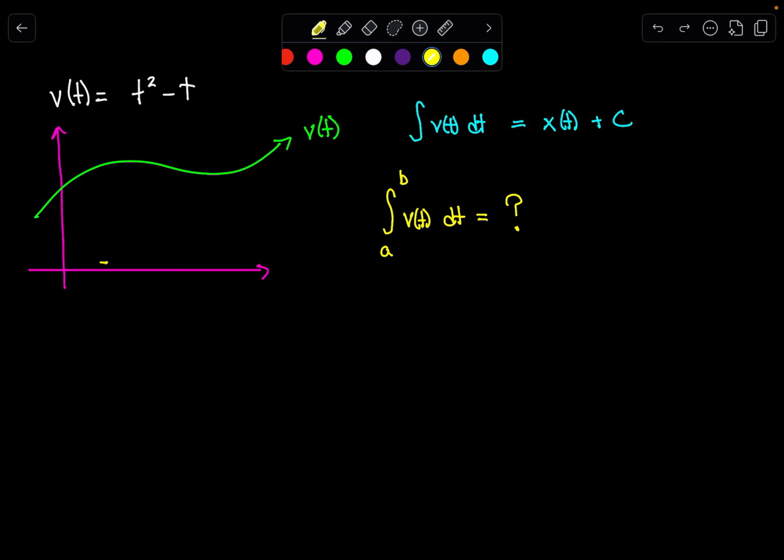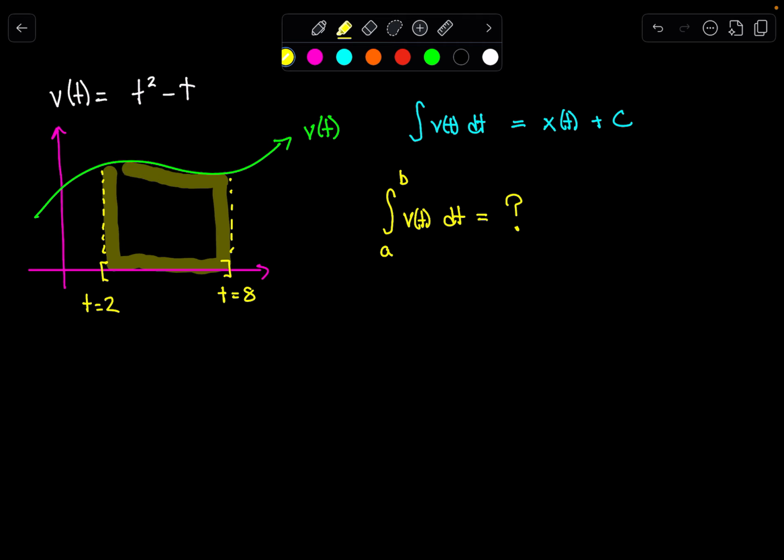If this is t equals 2 and this is t equals 8, what exactly is this area under the curve? What does it represent? We're finally starting to slowly answer the question of why we started with area under the curve in the first place. And it's really not too bad to think about.